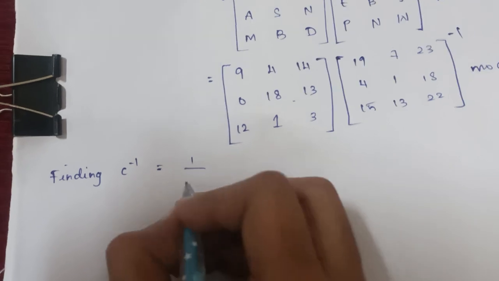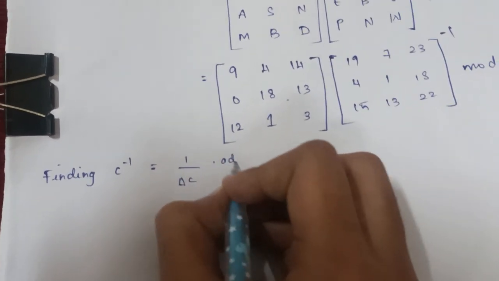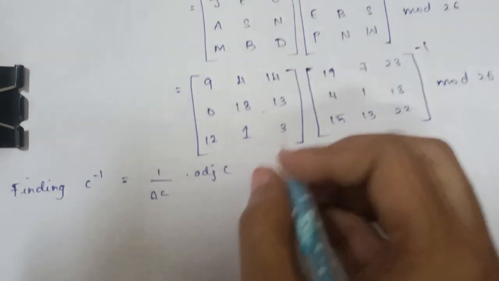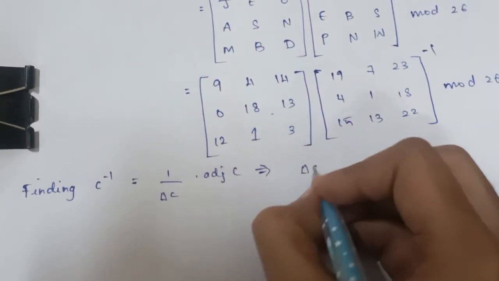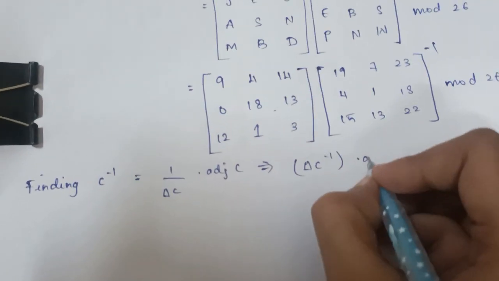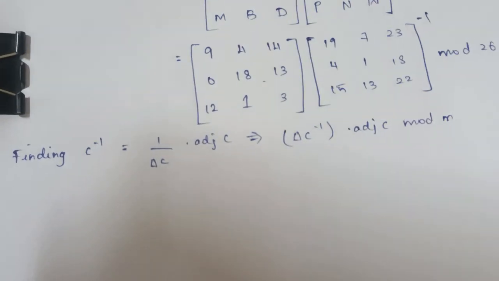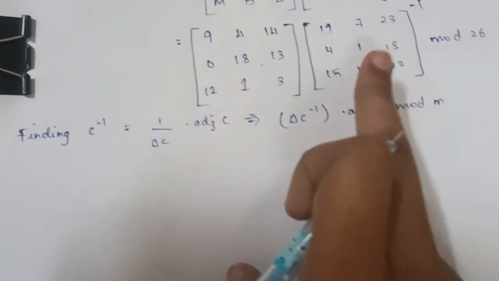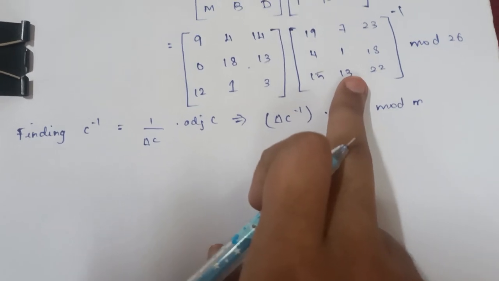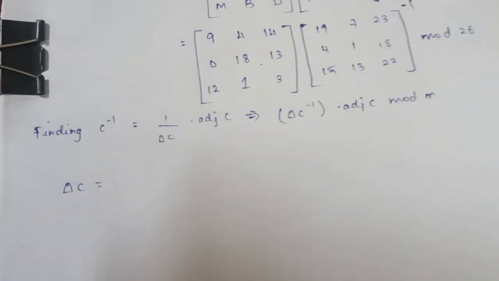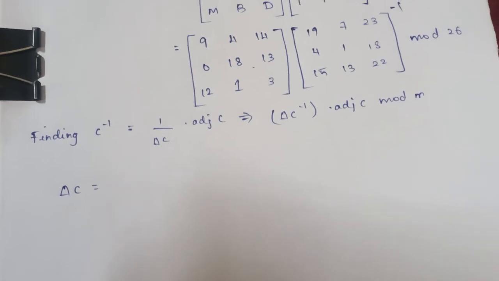C inverse is nothing but 1 by determinant of C into adjoint of C, and this is taken mod M, right? So in order to find the inverse of C, first let us find the determinant of C. This can be found using a calculator.